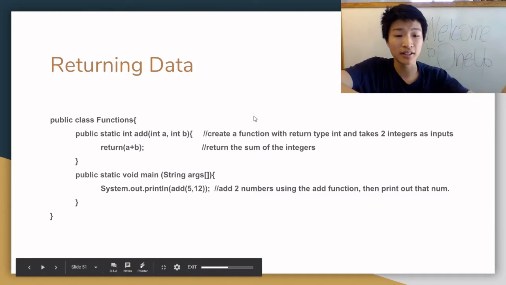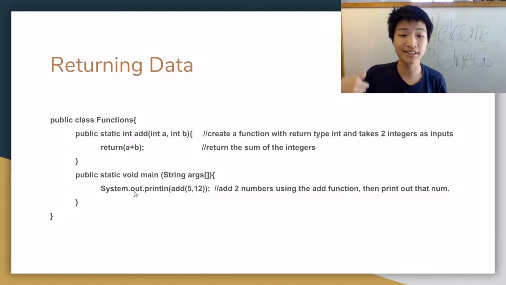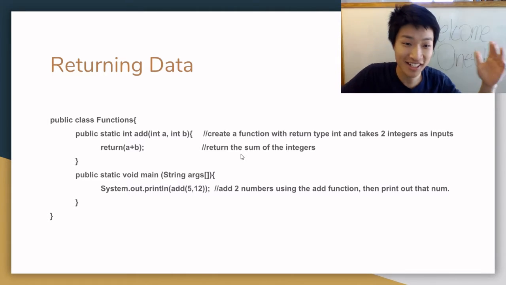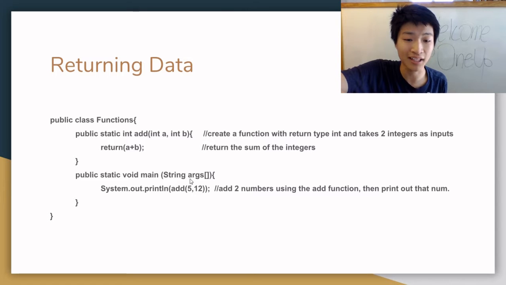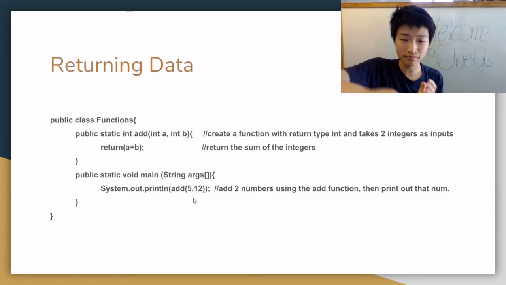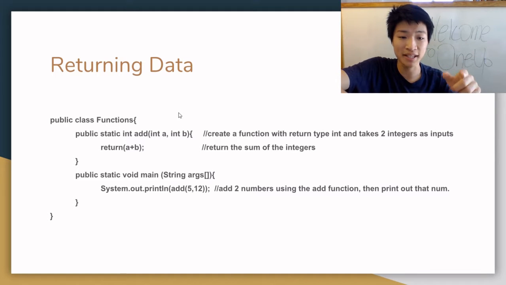And so you see here, I don't have to actually put add 5 and 12 into a variable, sum. I could just print it out directly. And look, I have comments here, adding clarity to your code from the previous lesson. I'm creating a function that returns an integer, and it takes 2 integers as inputs. Which means when I say add 5 and 12, it'll take 5, put it inside a, and then take 12 and put it inside b.